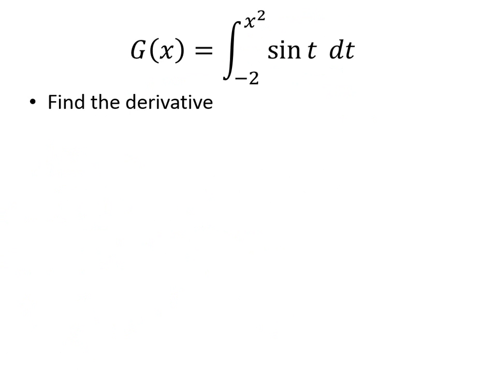If we want to find the derivative of this function g of x, so we want to find g prime of x, we have the sine of t, but instead we're going to say it's sine of x, and we plug in the upper limit, so it's going to be sine of x squared.